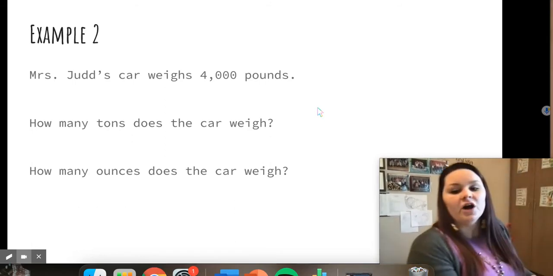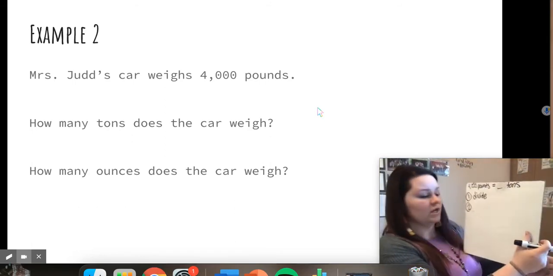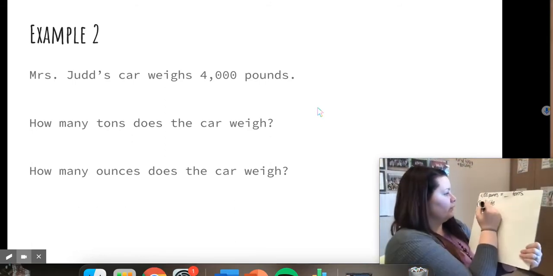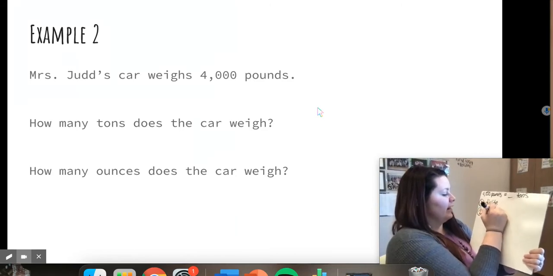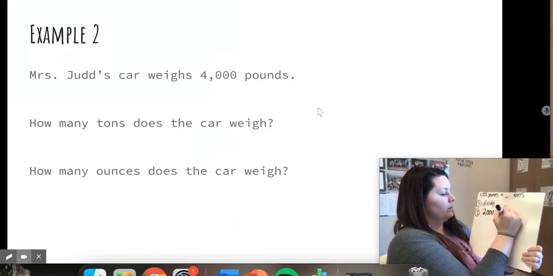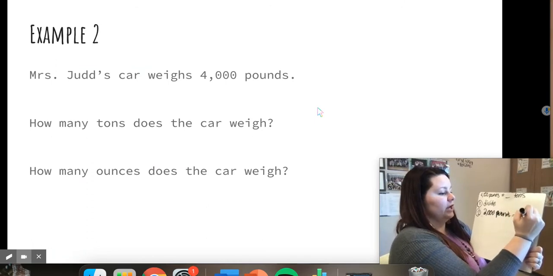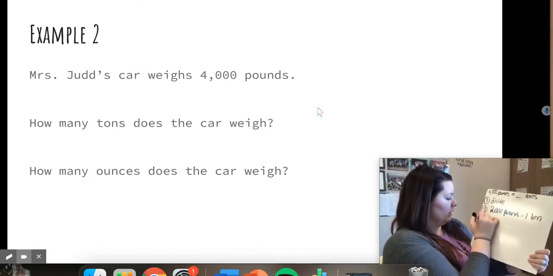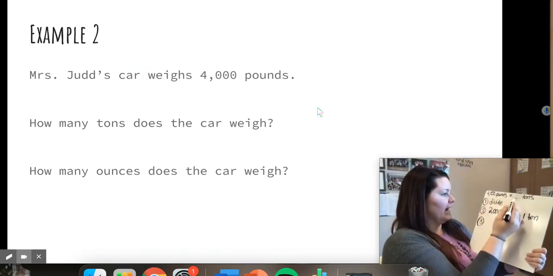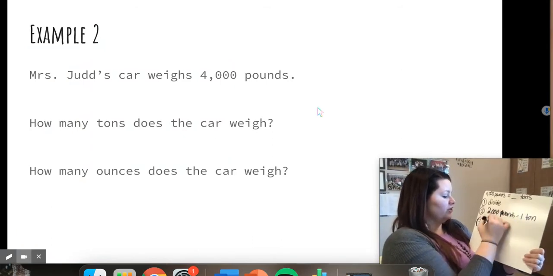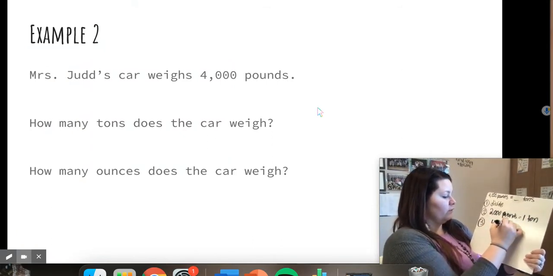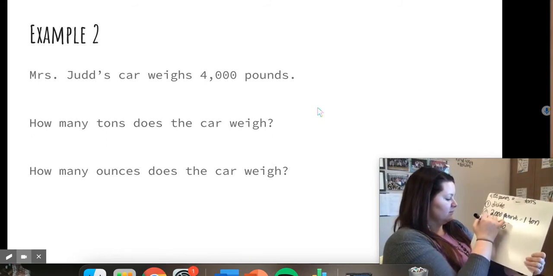Then we need to figure out how many pounds are in 1 ton. And if we looked back at our conversion chart, it would tell us that 2,000 pounds equals 1 ton. And then we can complete our conversion. So we're going to divide 4,000 divided by 2,000.